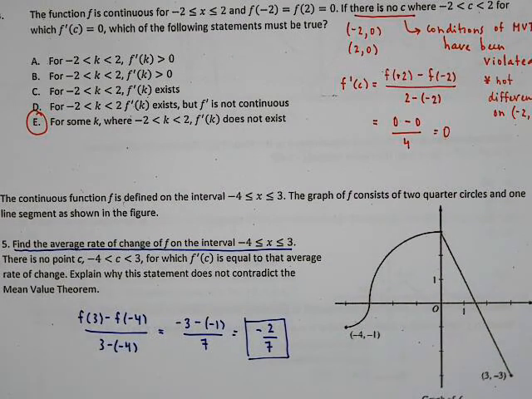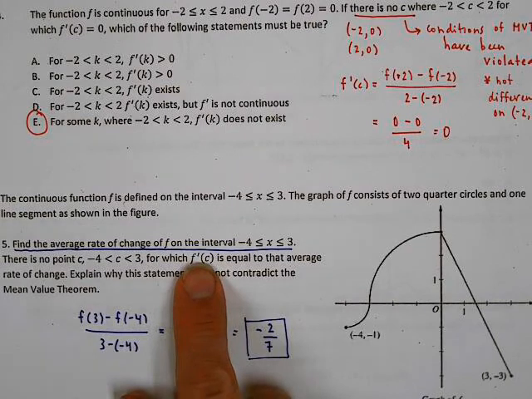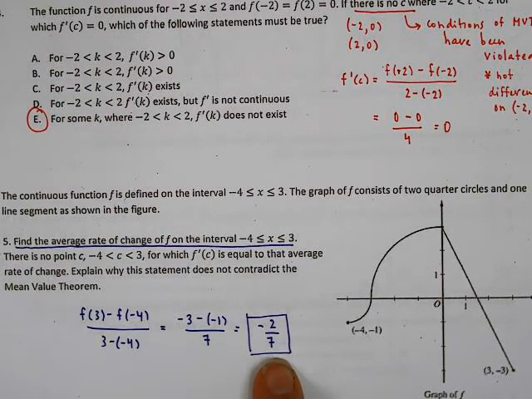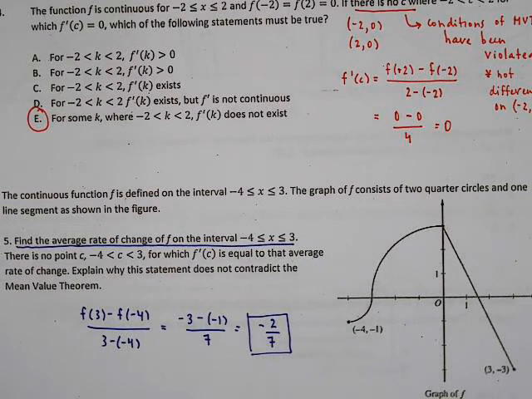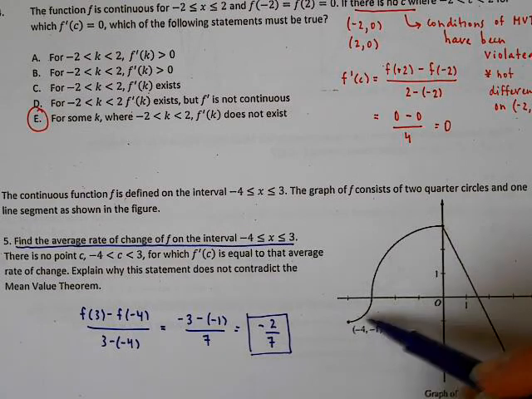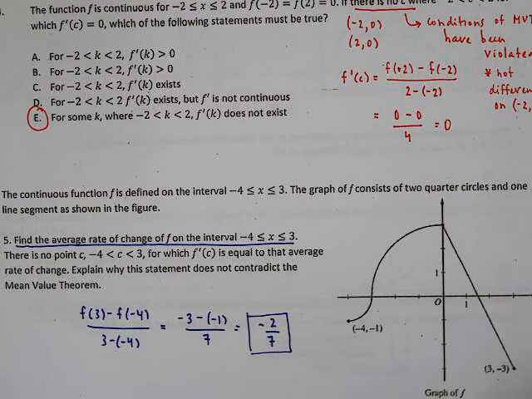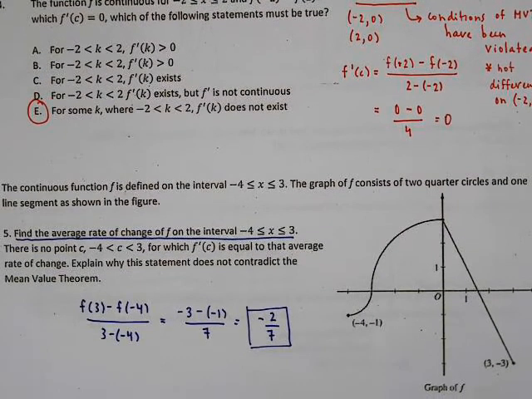Now, it says there's no point c in that interval for which the instantaneous rate of change is equal to this value. And it asks to explain why this statement does not contradict the mean value theorem. Now we have to think back. The mean value theorem, again, has those two conditions. The first is that we're continuous, which this function, looking at the graph, obviously is. So we know we meet that condition. However, the second condition is that we're differentiable.